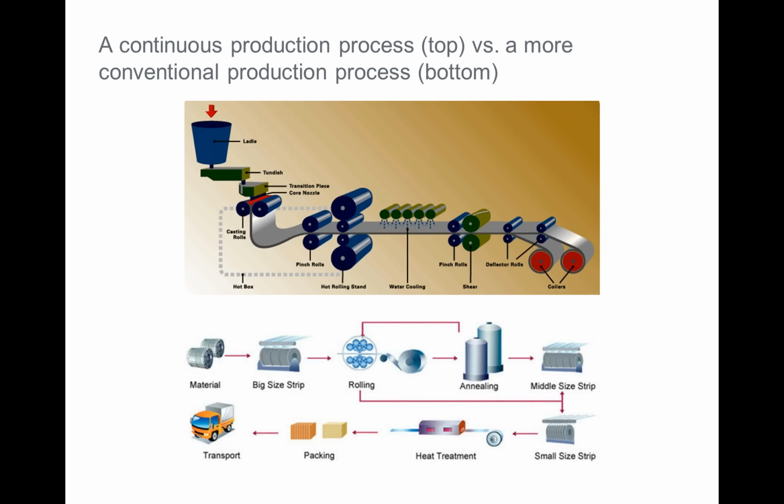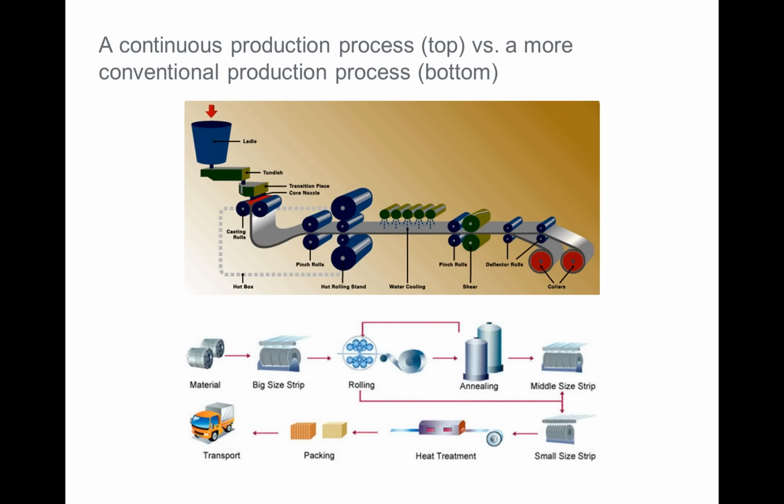There's a hot section. You cool it down. You do some cold working on it, and you cut the product off, and it's a single flow system. Very efficient, but you have to be very focused on what you're making.